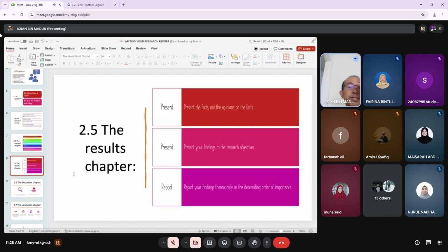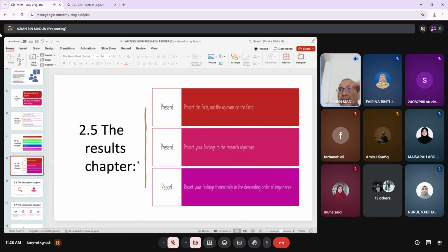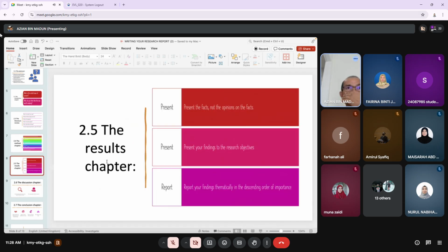In your results you set your themes, theme 1, theme 2, theme 3, for example, and then you discuss within the discussion. For qualitative, the results and discussion come together because there's not much table to display compared to when you are doing a survey.